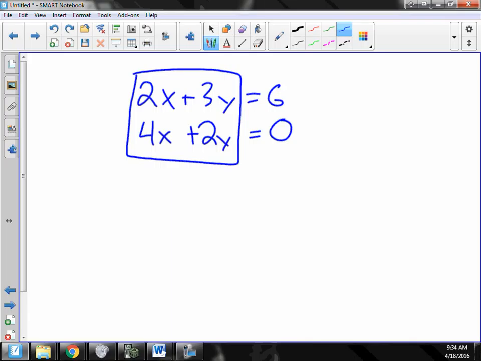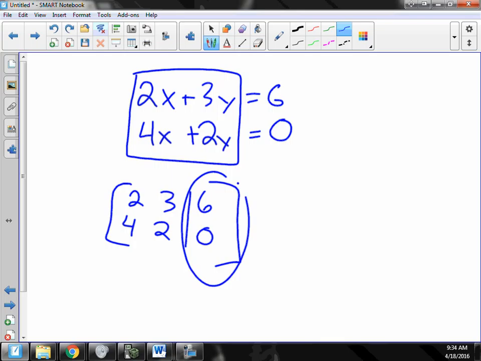So if it's a 2-variable system, you need 2 equations, which means that piece will be a square matrix. And then augment just means add to or supplement. And that means you create that square matrix with the answers plugged in there also. So this augmented matrix would be 2, 3, and they put a line there, 6, 4, 2, 0. And this is the augmented portion. It just means add to.